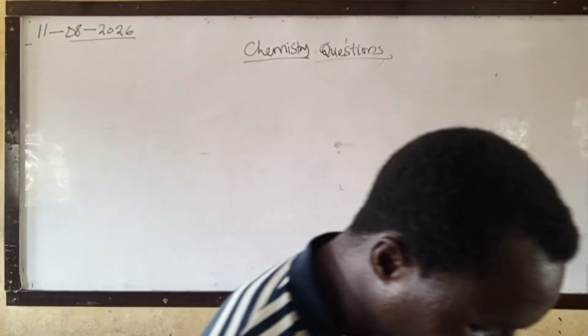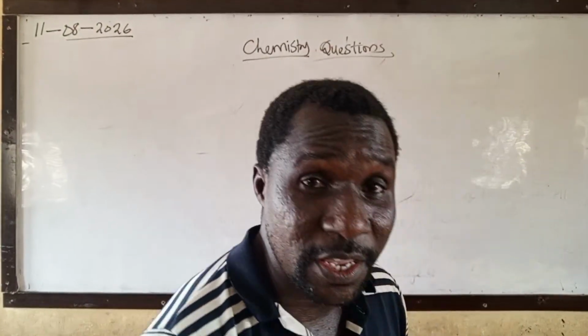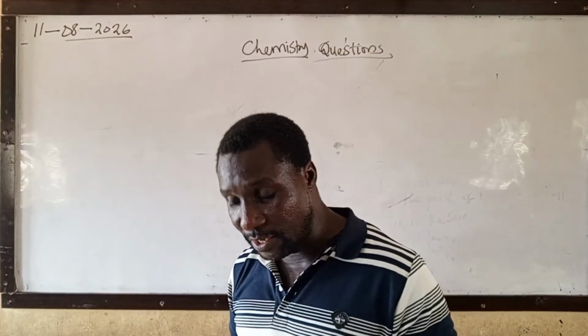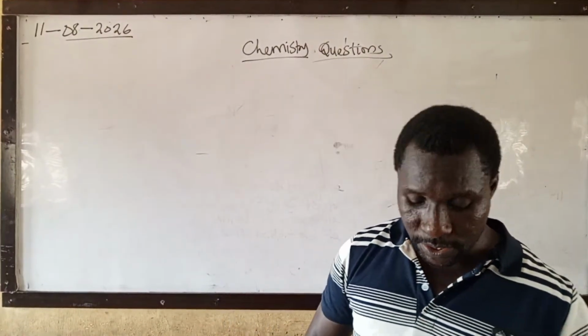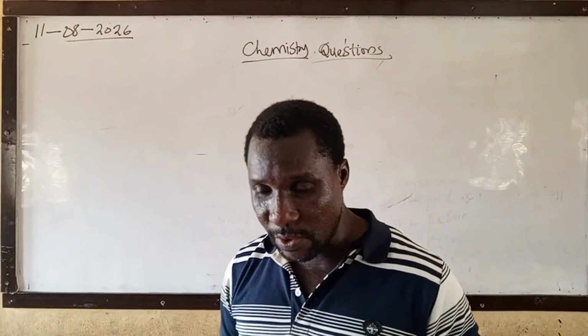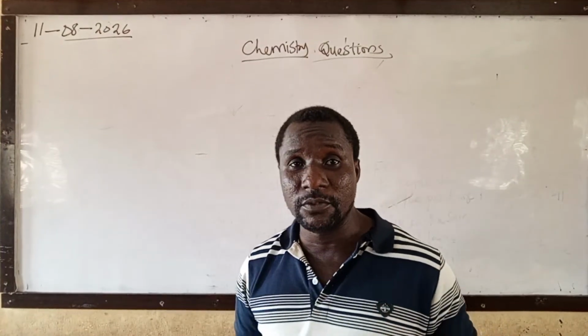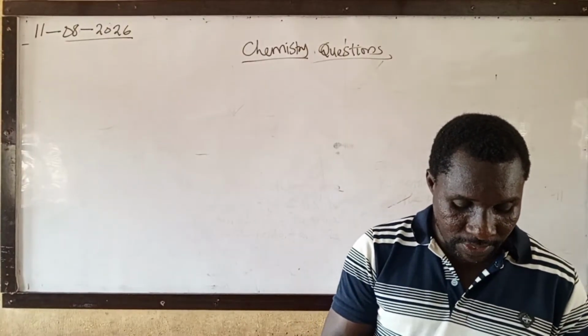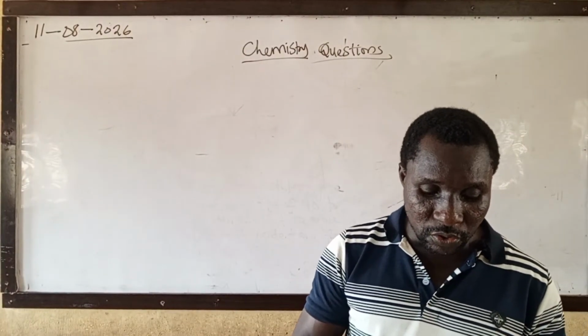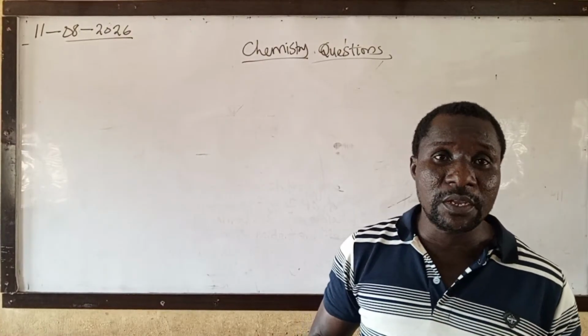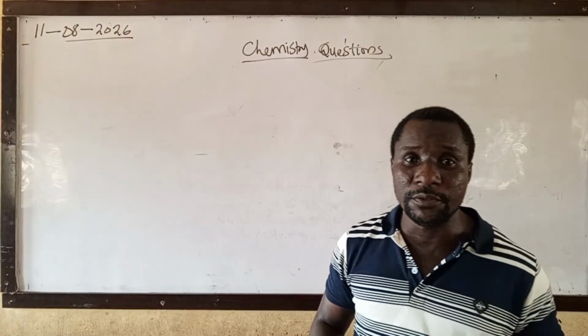In this video, we gave some assignment, some question yesterday on the chemistry we did, which are assignments, and we told you people to solve those questions. Let us do those questions based on those topics we've done on chemical bonding.